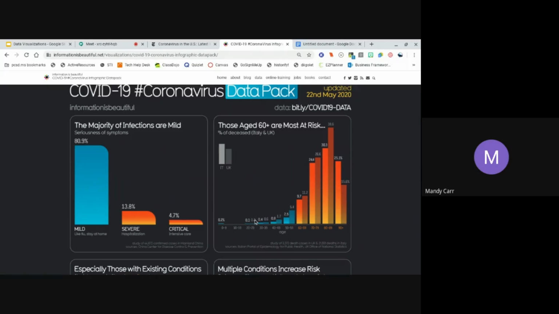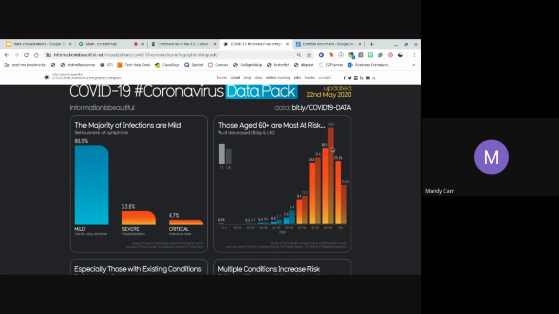The UK is higher in the 20 to 29 age bracket. The UK is higher in the 30 to 39 age bracket. UK is higher in the 40 to 49. UK is higher in 50 to 59. It's higher in 60 to 69, 70 to 79, and 80 to 89.